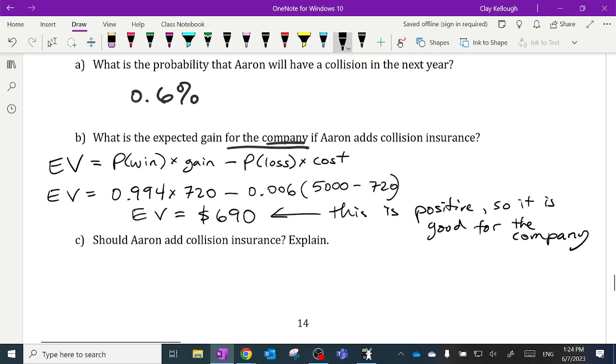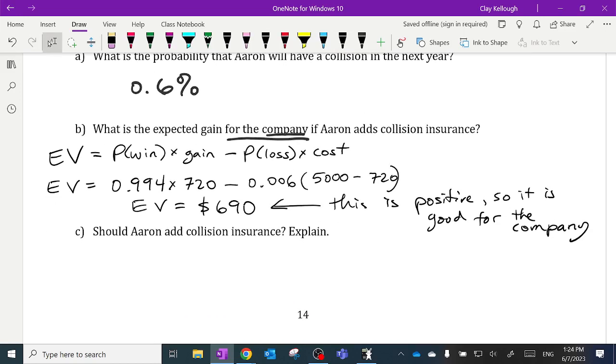But now the next question, if you're Aaron, do you buy this insurance? Well, this can be argued both ways. Suppose Aaron is somebody who says, look, if I don't have this insurance and my car gets $5,000 worth of damage and it doesn't run, I'll be without a car, I'll lose my job, get kicked out of my apartment, and die homeless on the streets.